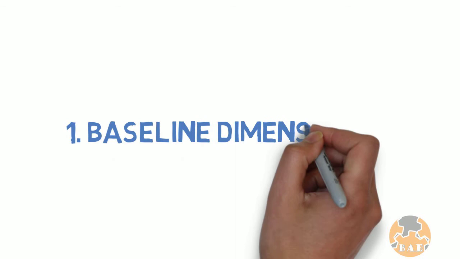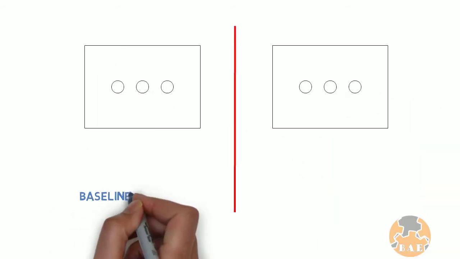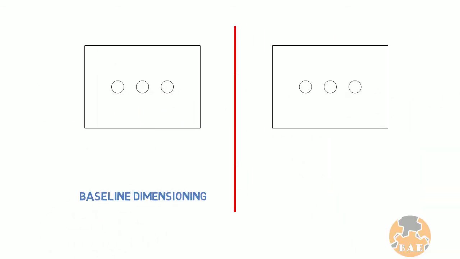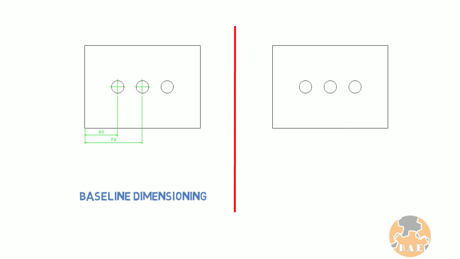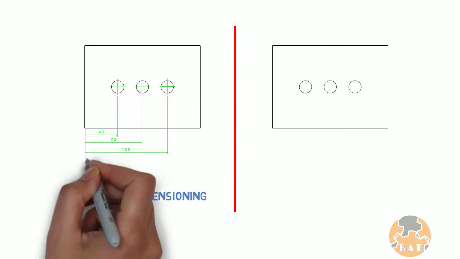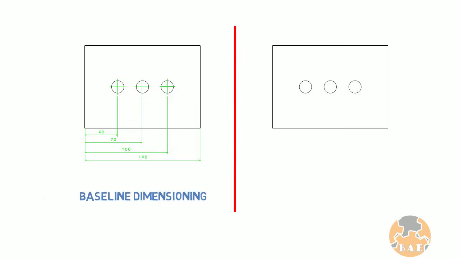In methods of dimensioning, first one is baseline dimensioning. In case of baseline dimensioning, all the dimensions are given from a single baseline. Here we can give dimensions from here, which is 40 mm, 70 mm, 100 mm, and last one is 140 mm. Here the second one is chain dimensioning.